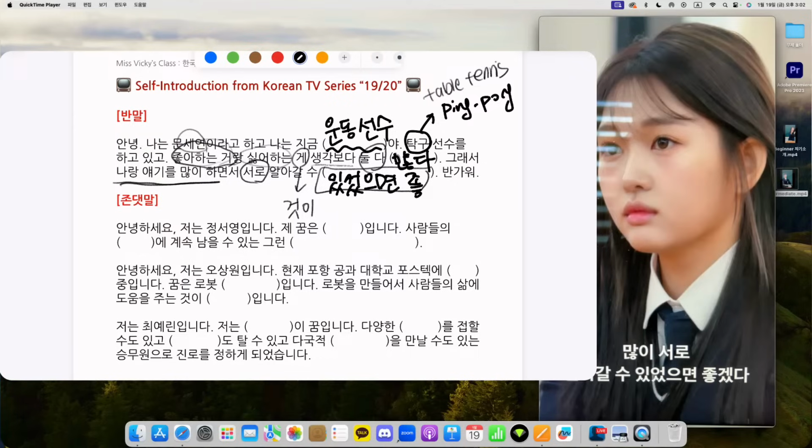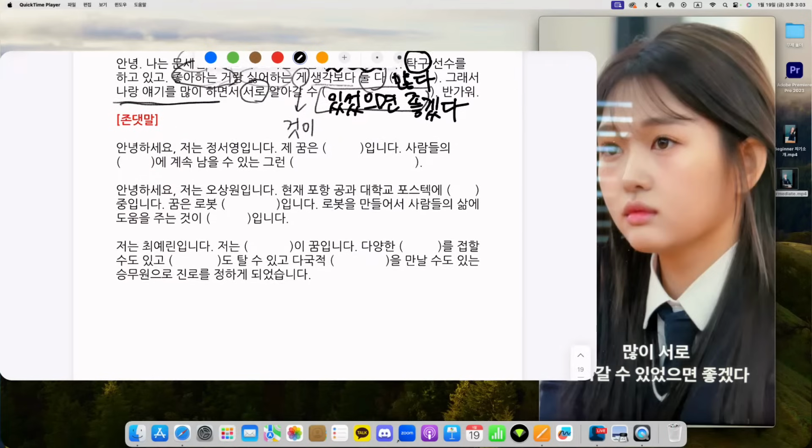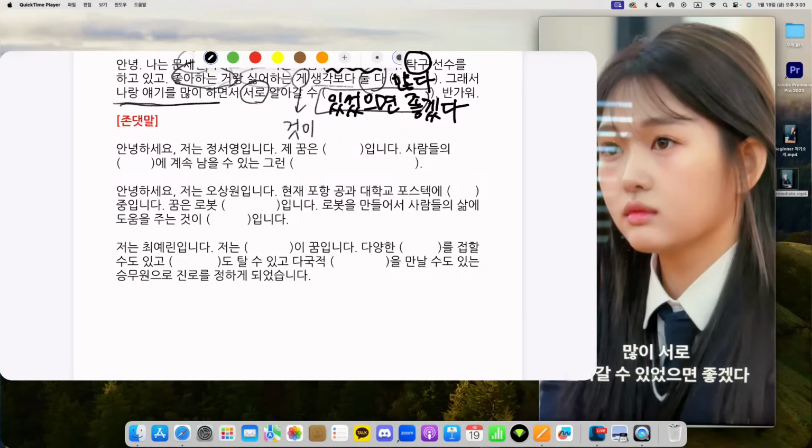So this part is basically expressing his future hopes, right? So basically he's saying 서로 알아가다, to get to know each other, and he mixes it with 을 수 있다, to be able to, and then he mixes it with his hope, 았으면 좋겠다.